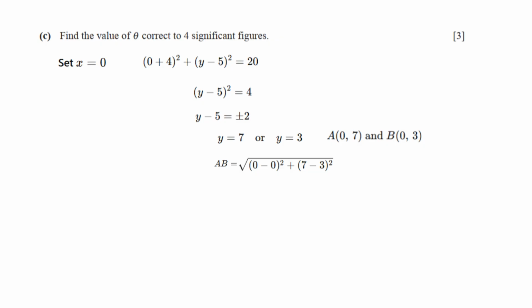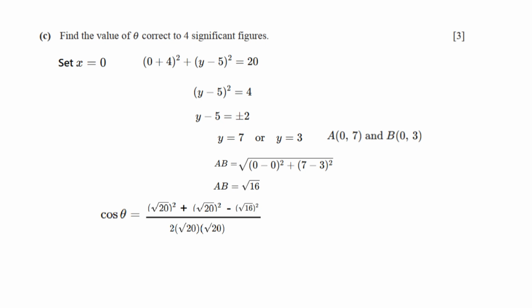AB is equal to square root of 7 minus 3 the whole square, which is square root of 16. Now we know the three sides of a triangle. So let's use the cosine formula to calculate the angle. cos theta is equal to square root of 20 the whole square plus square root of 20 the whole square minus square root of 16 the whole square divided by 2 times square root of 20 times square root of 20.